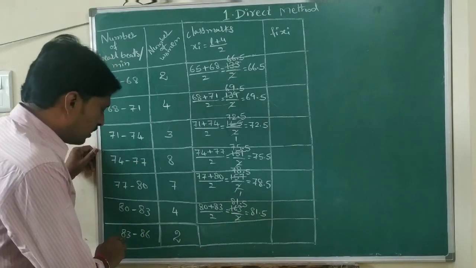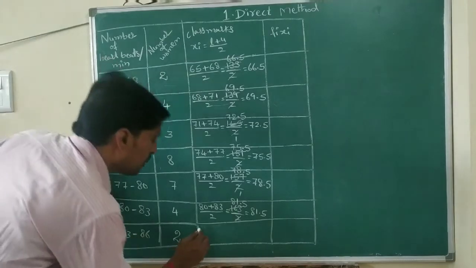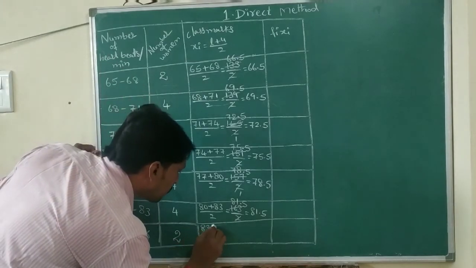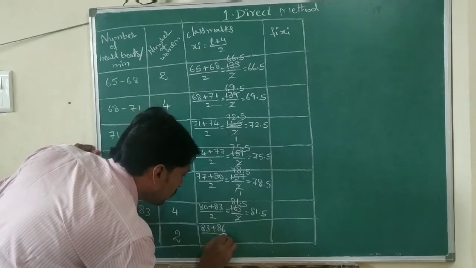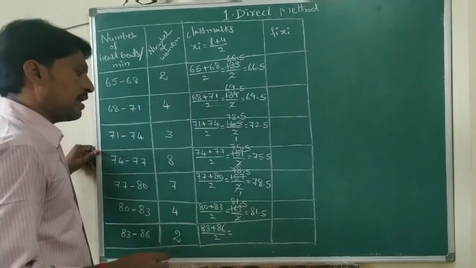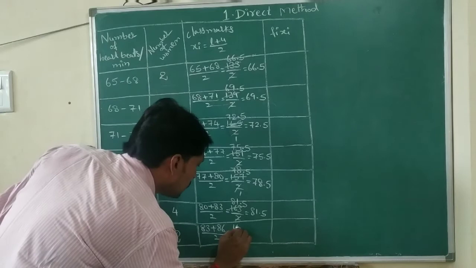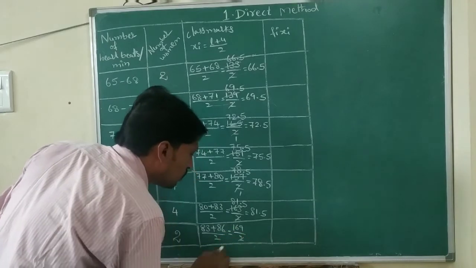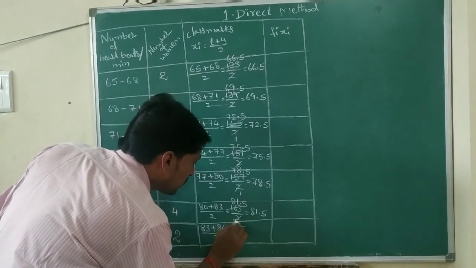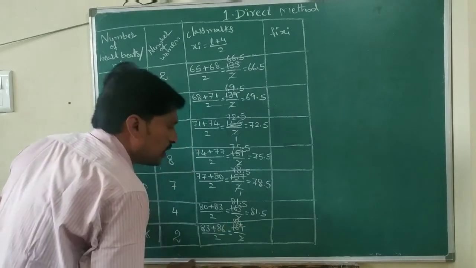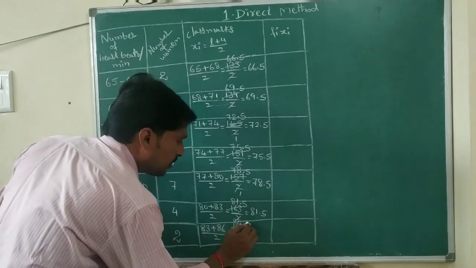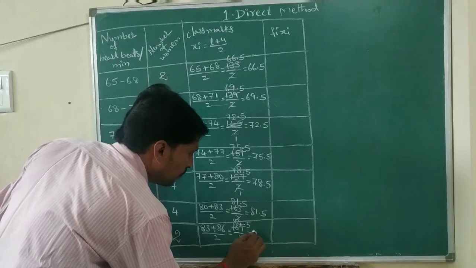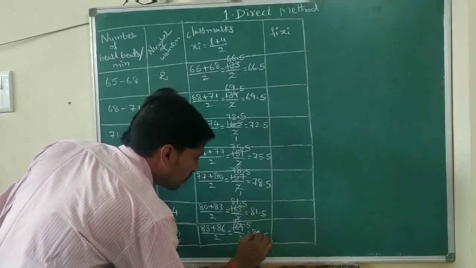Now the last class interval, 83 to 86: lower limit 83 plus upper limit 86 by 2. 83 plus 86 is 169 by 2, which is 84.5.